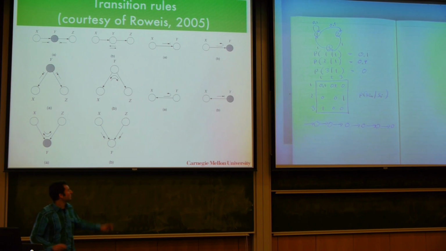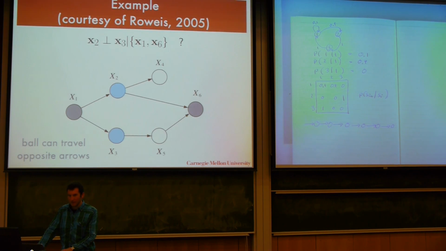So, for instance, if you look at the top right case, it's kind of pointless if you think about it, because if you observe Y, you would start from X and go somewhere else anyway, so you can pretty much forget about those. Likewise here. Okay. So does that example now make a little bit more sense?